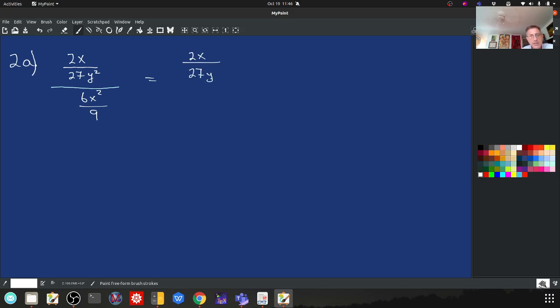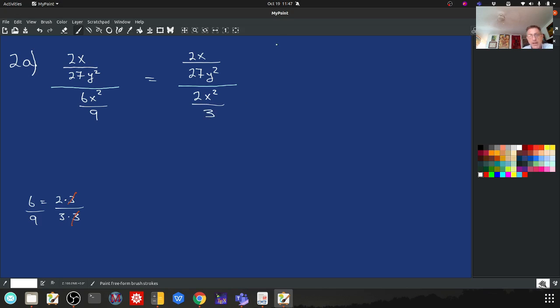Since 6 is equal to 2 times 3, and 9 is equal to 3 times 3, we can cancel out the 3's, and we get 2/3. So this becomes 2x squared over 3.